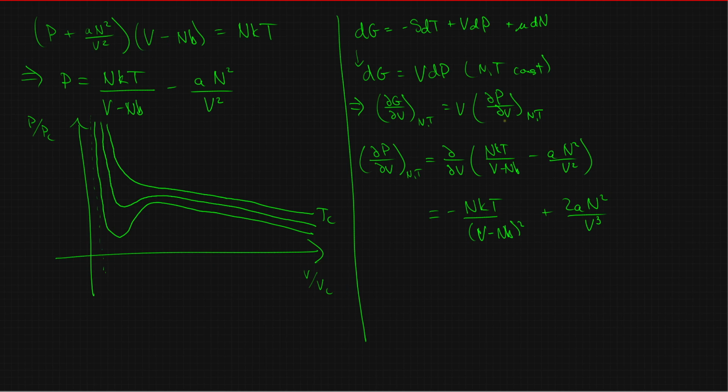Okay, so if we want just this side now, we just got to multiply this by v. So we have that v del p over del v, n and t held constant, just gives us minus nkt v all over v minus nb quantity squared plus 2a n squared over v squared. Whew. Okay. So that is just del g del v with respect to n and t.